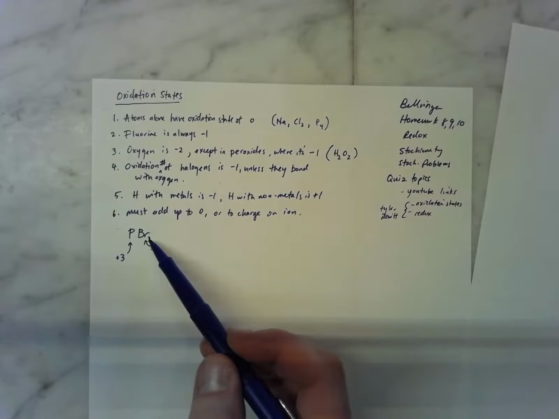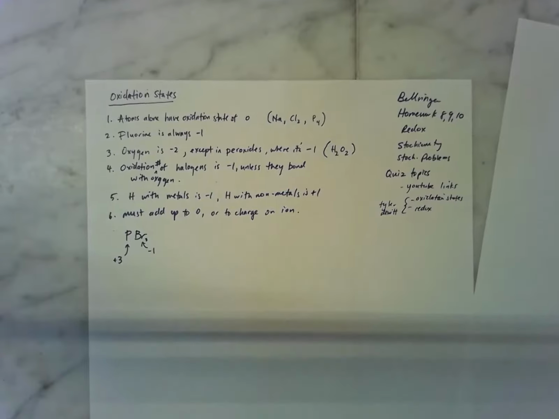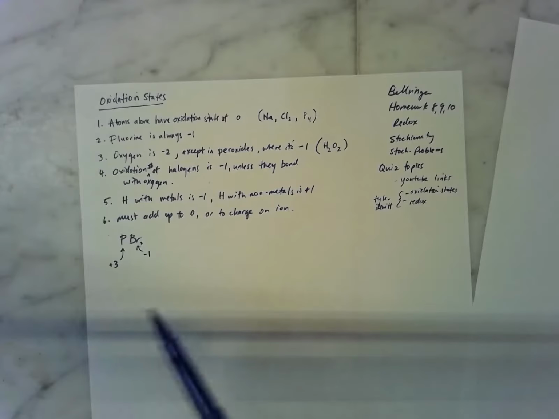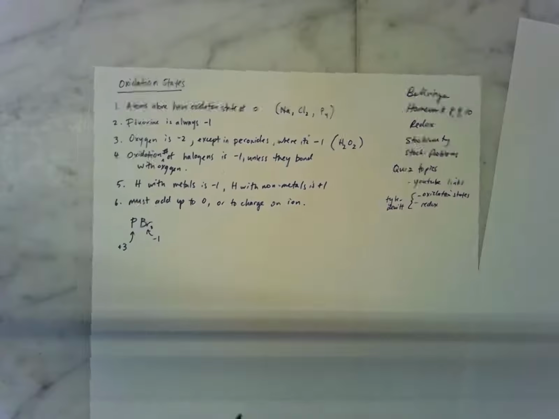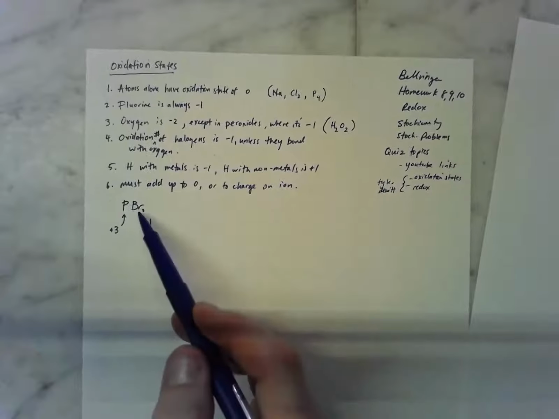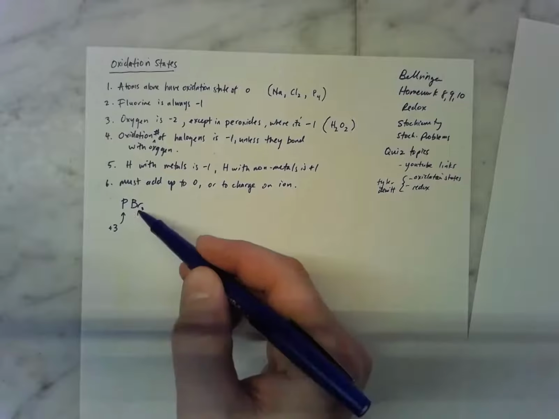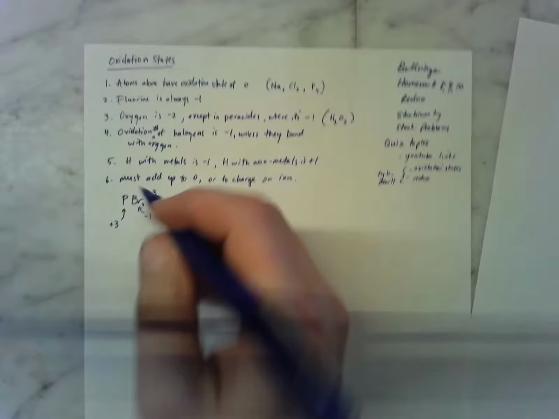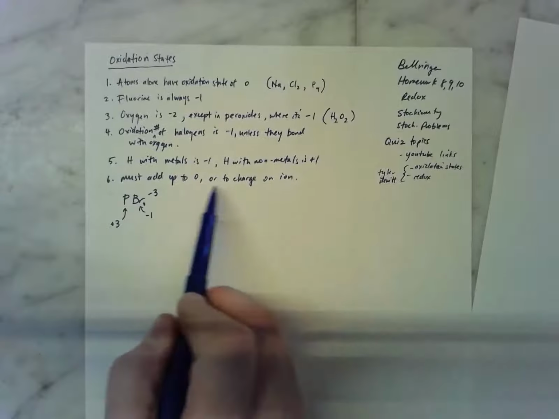We'll look at bromine. Bromine is right there in the halogens, and you guys can be flipping back and forth. I'm not going to keep showing my periodic table because it gets hard to do with this camera. But this is a halogen, so we're going to set that as a -1. There are 3 of them, so that becomes a -3 total. They must add up to 0.